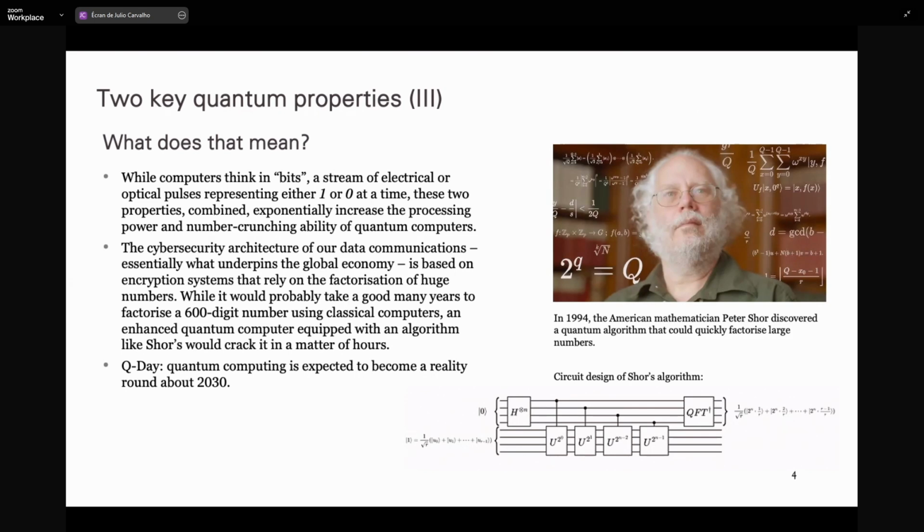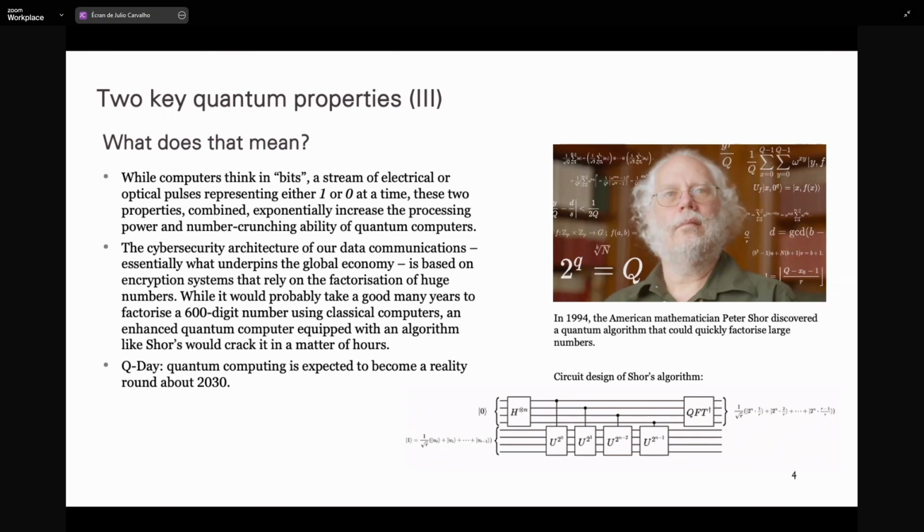And why is this important? To put it mildly, the entire cybersecurity architecture of our data communications, which essentially underpins the global economy, is based on encryption systems that rely on the factorization of huge, massive numbers.